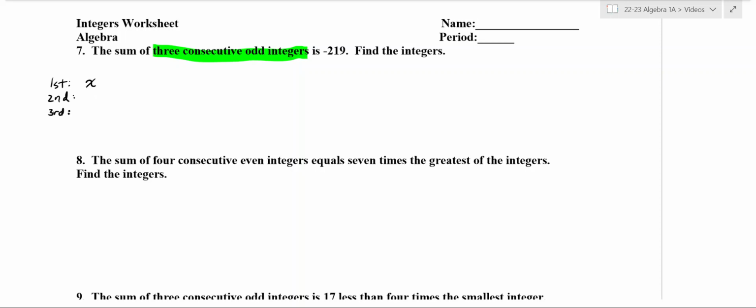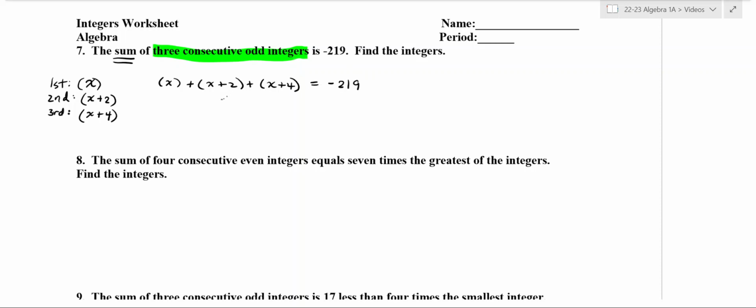So it's going to be x, x plus 2, and x plus 4. And we want the sum of them, so you're going to be adding them. So we have x plus x plus 2 plus x plus 4, and that sum is going to be equal to negative 219.